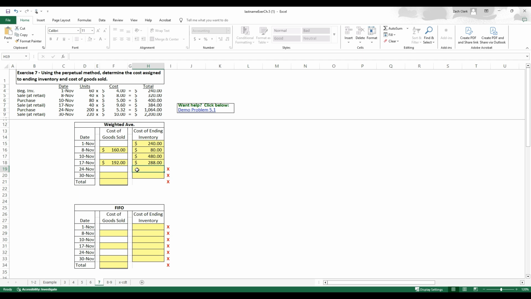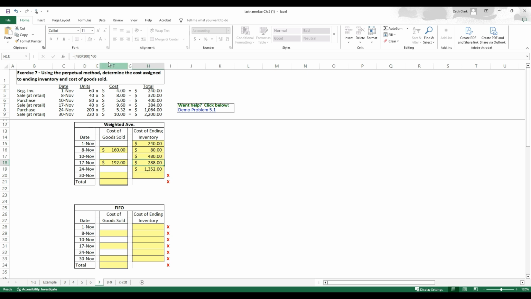Okay, on the 24th, we added another 200 units at $5.32. So plus this plus 1064. And we can do a similar thing here. So now we had 60 units left over after that last sale. Oh, geez.